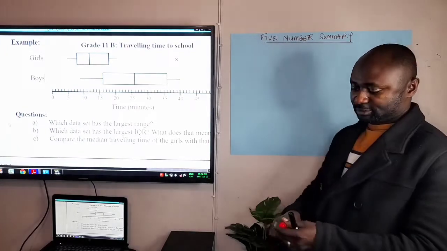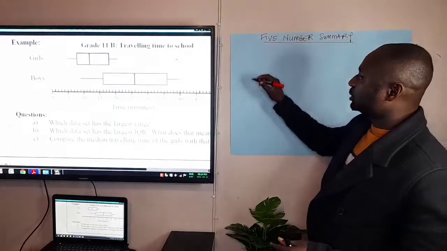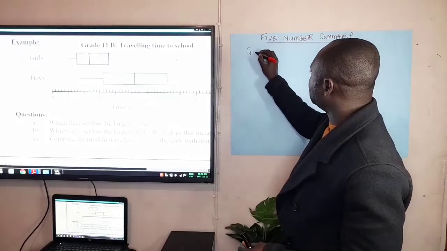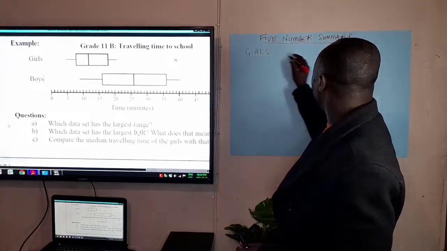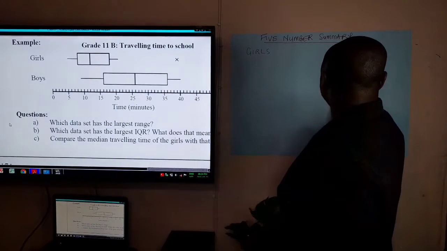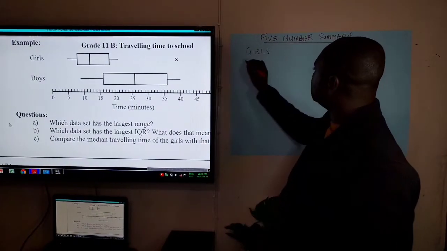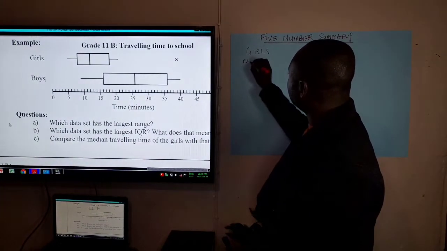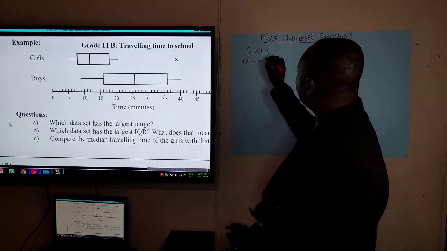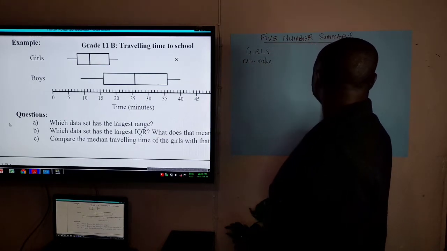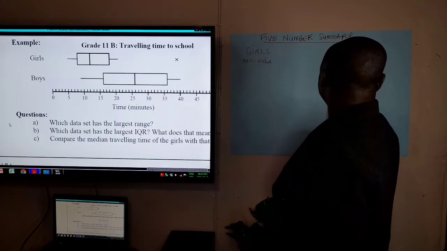Our 5-number summary, we are going to have the girls on the other hand and boys on the other side. We will be looking at the minimum value for girls and also for boys.